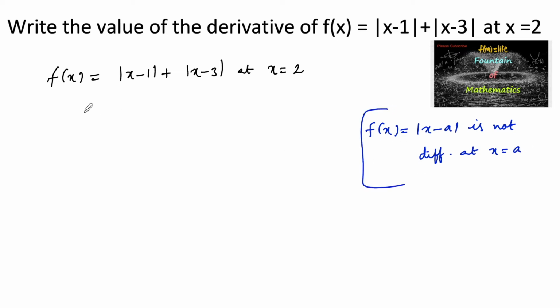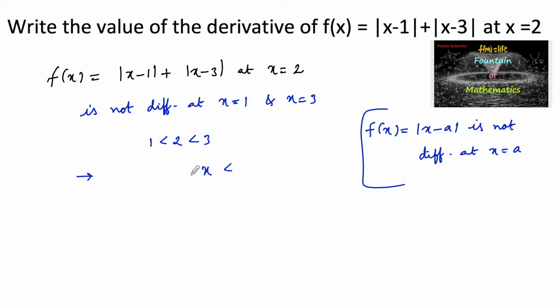So this function is not differentiable at x is equal to 1 in the first case and x is equal to 3 in the second case. And for x is equal to 2, which is lying between 1 and 3, so let us consider the interval.